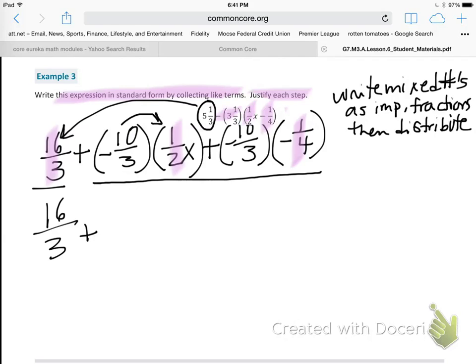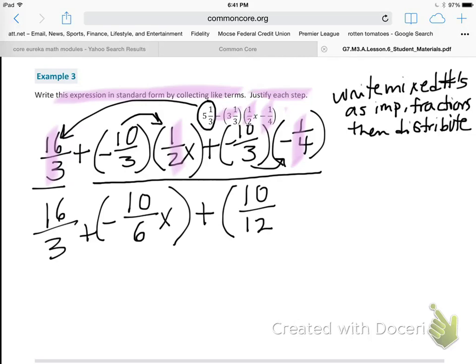That's going to be negative 10/6 x. And then we're going to add that to, actually it's going to be a positive because this is a negative times a negative. So we're doing a negative 10/3 times a negative 1/4. That's going to be positive 10/12.